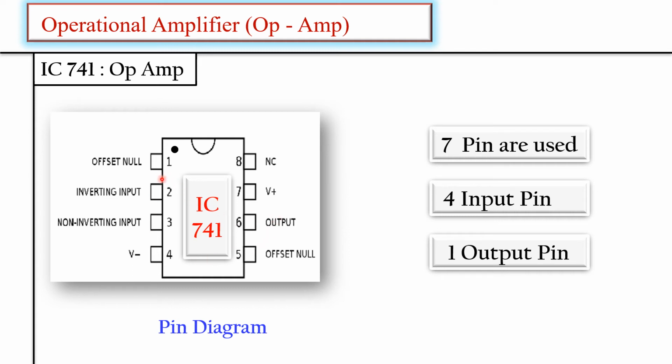So you should know where the inputs are connected and from which pin we get the output, and that the biasing voltages are connected between pin number 7 and 4. Between pin number 1 and 5 we connect an offset resistance and there is no connection at pin number 8. To maintain the symmetry, pin number 8 is there. Only 7 pins are used.